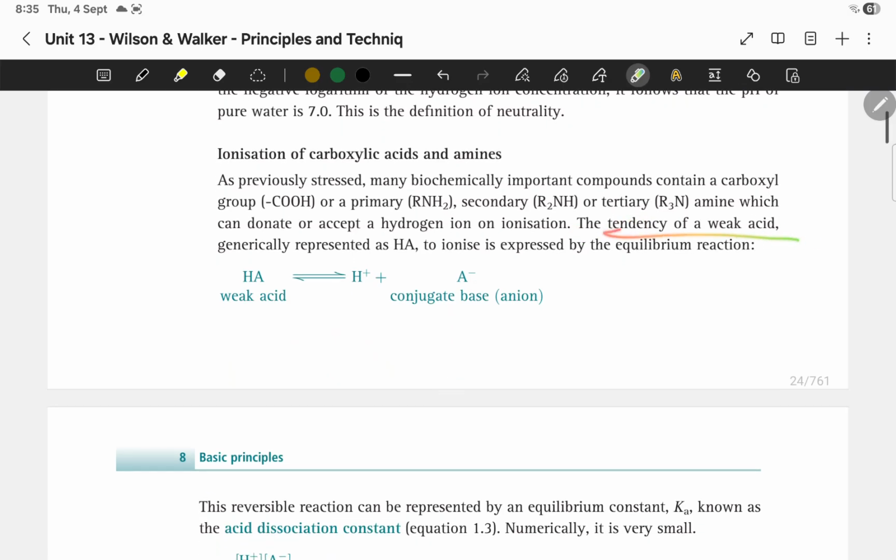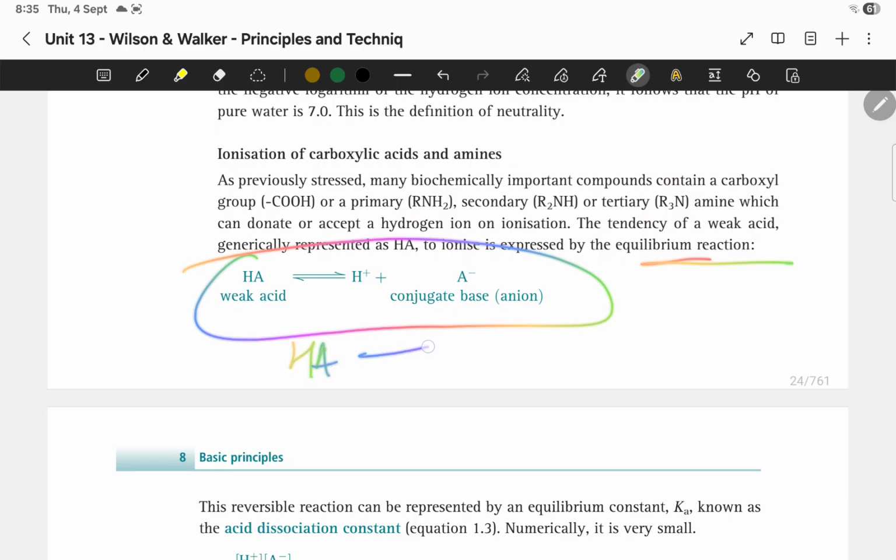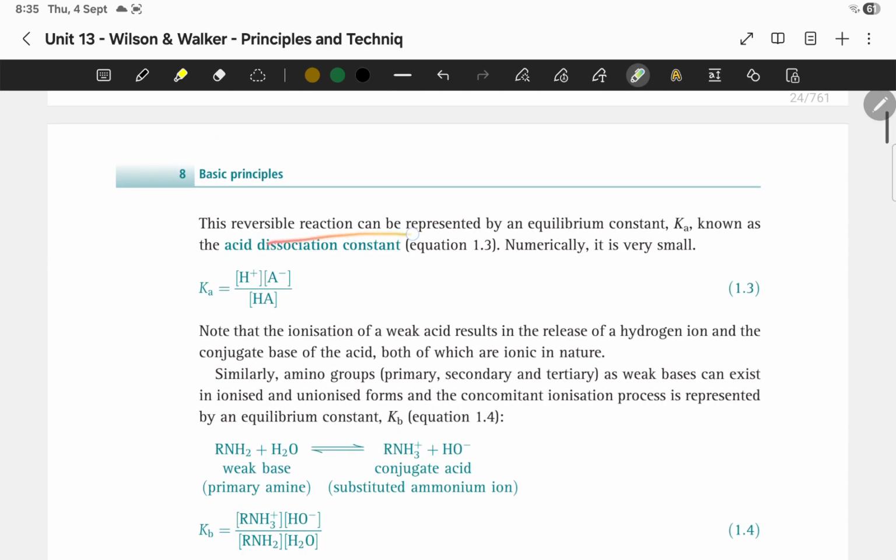The tendency of a weak acid, generally represented by HA, to ionize is expressed by the equilibrium reaction HA in equilibrium with H plus and A minus, the conjugate base, the anion, whatever is left. The reversible reaction can be represented by the equilibrium constant Ka, known as the dissociation constant.